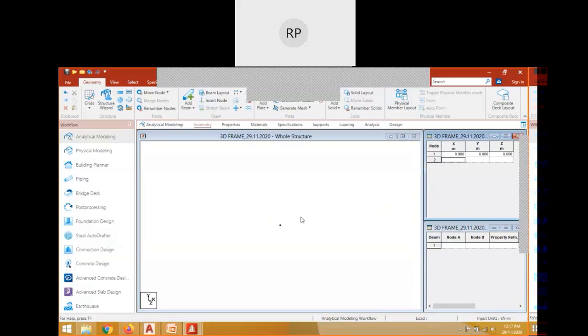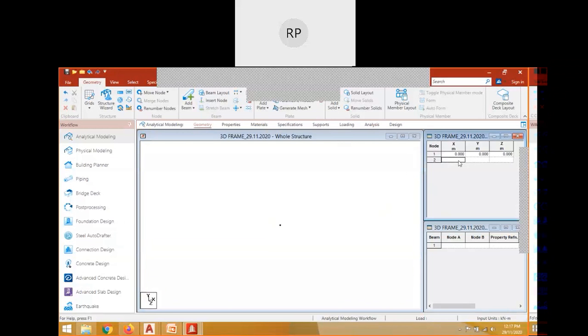Now I will create one column with certain nodes, and then I will replicate that column along the X direction and along the Z direction. Remember, our Y is vertical, positive is up and negative is down.